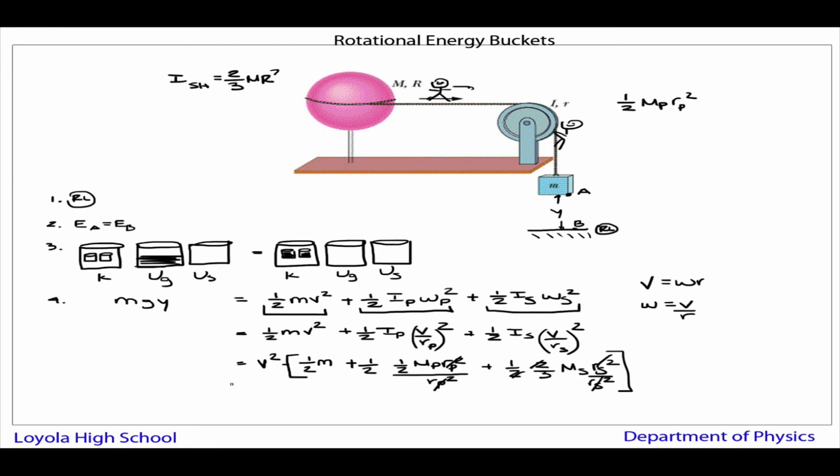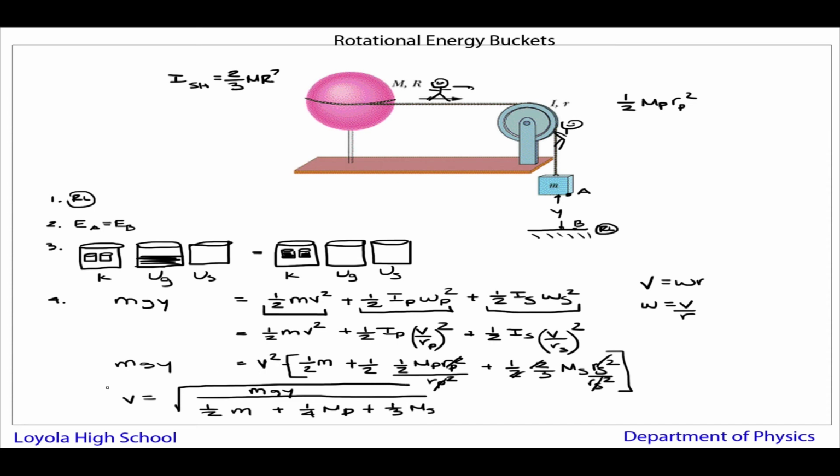So my final answer: v is equal to the square root of mgy on the top, divided by each of those terms: the 1/2 m, then 1/4 m pulley, plus 1/3 mass of sphere.